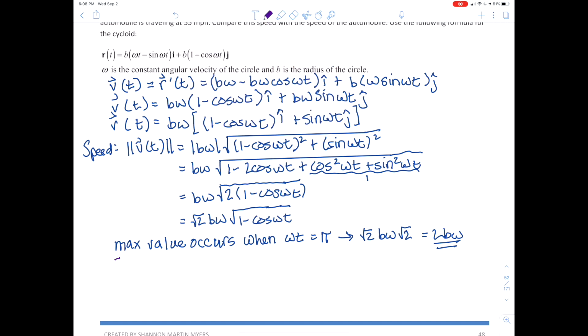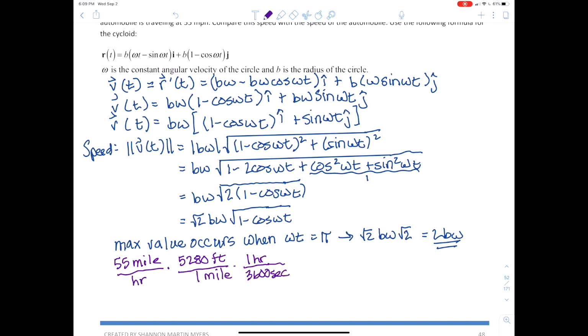So 55 miles per 1 hour, times 5,280 feet per 1 mile, times 1 hour per 3,600 seconds.